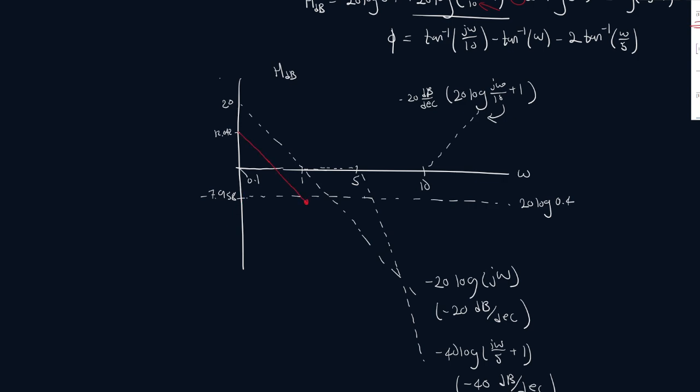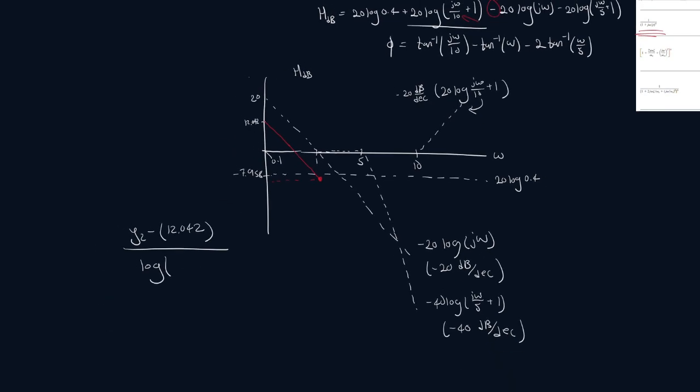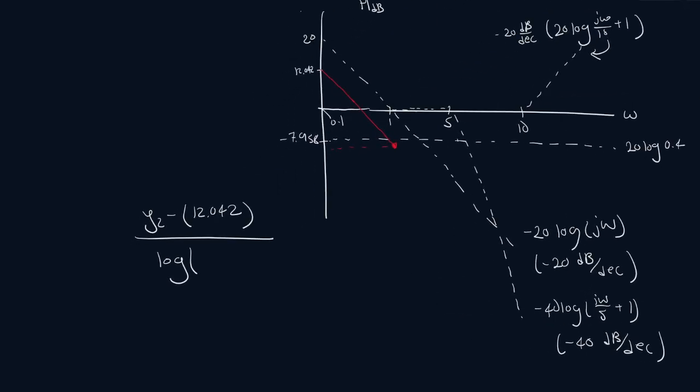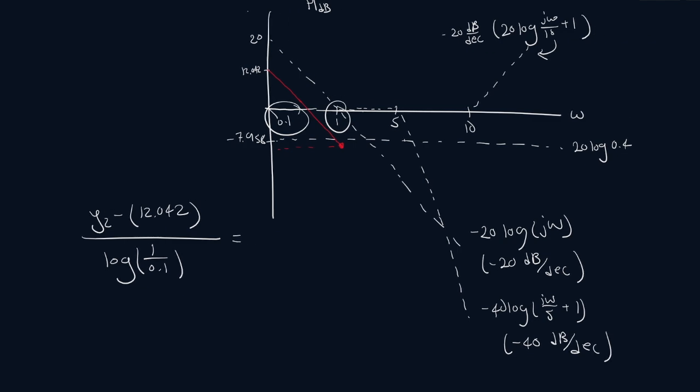Okay. Oh yeah, and then let's find the point, what this is on the y-axis. So y2 minus y1 being 12.042 over log, because remember, we're not working with radians per second, we're working with decades. So log of this point over this point. So 1 over 0.1, and this is equal to minus 20.